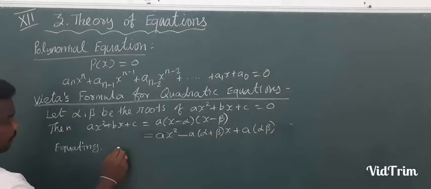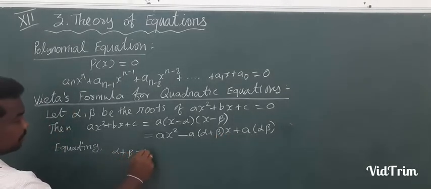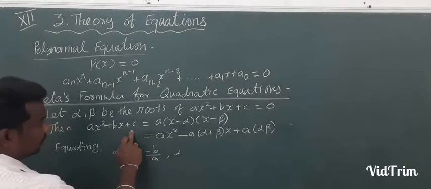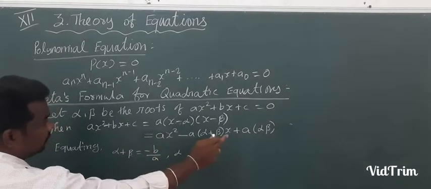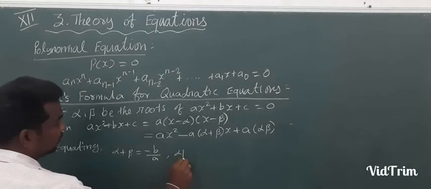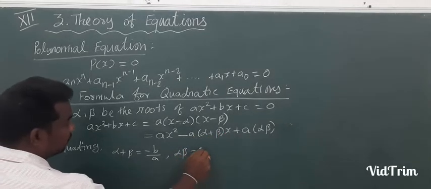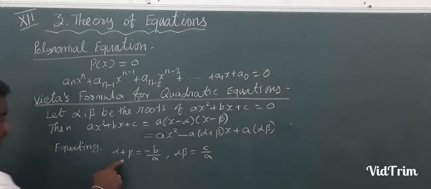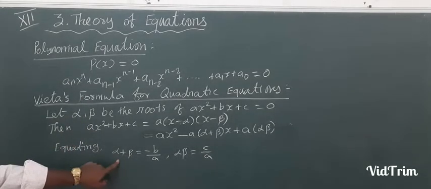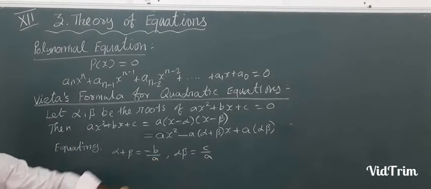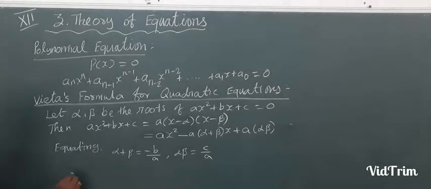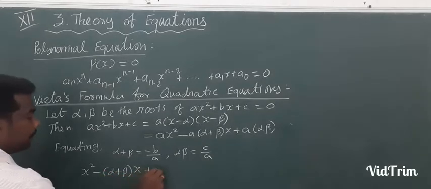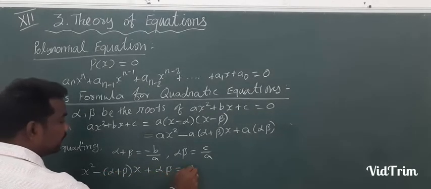So alpha + beta = -b/a, and the last coefficient gives c = a(alpha beta), that is alpha times beta = c/a. It is called the sum of the roots, and the product of the roots. So finally we have x^2 - (alpha + beta)x + alpha beta = 0.